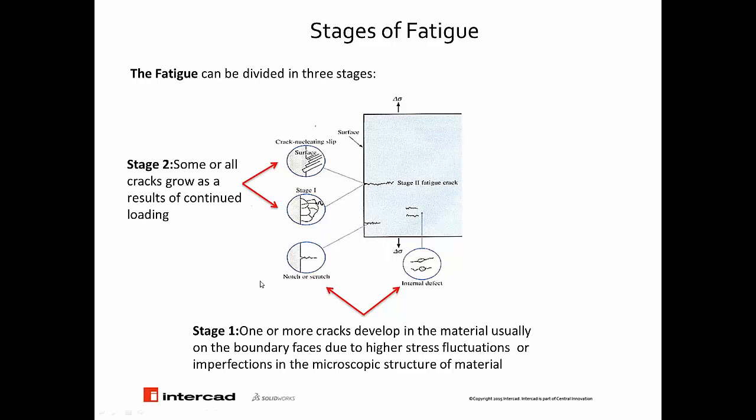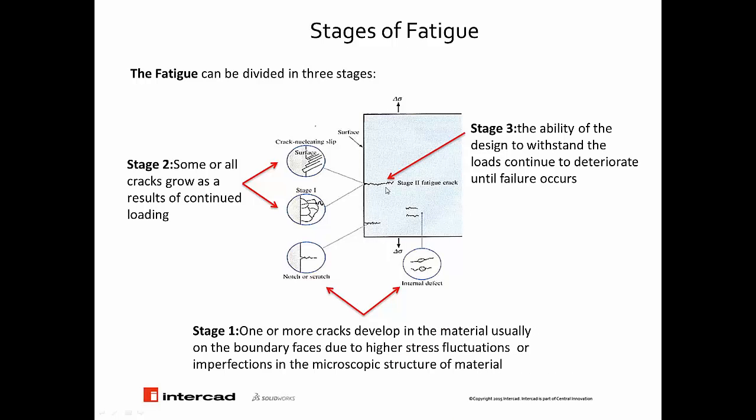As the stress and loadings get repeated, some or all of these cracks will grow and result in something obvious and recognizable. Then in stage 3, the ability of the material to withstand the loads continues to deteriorate and the failure will occur.